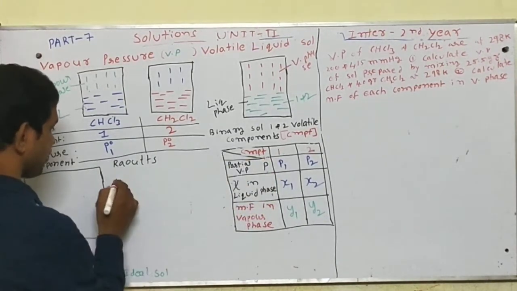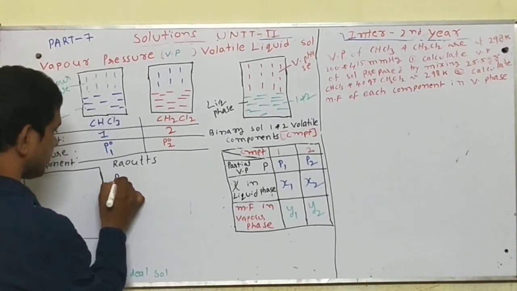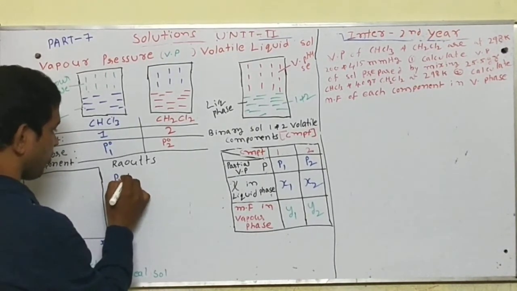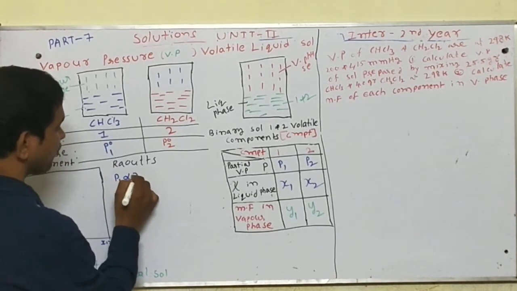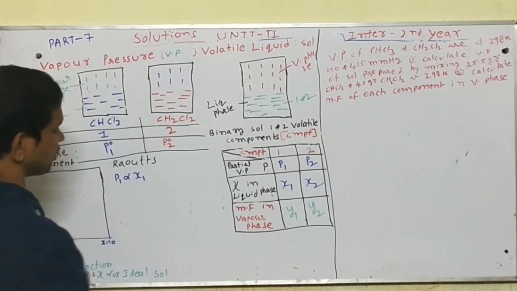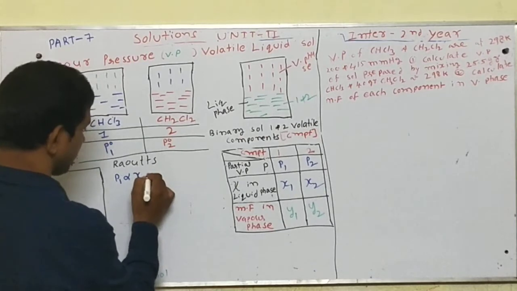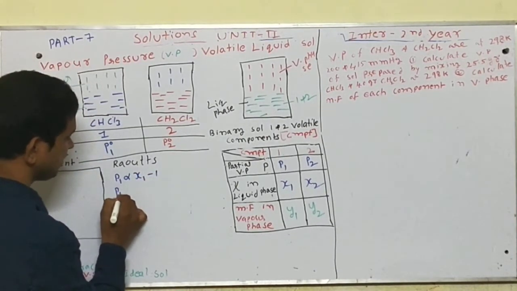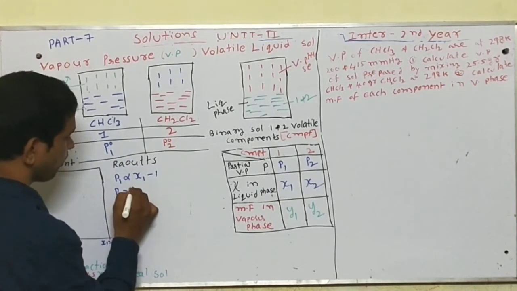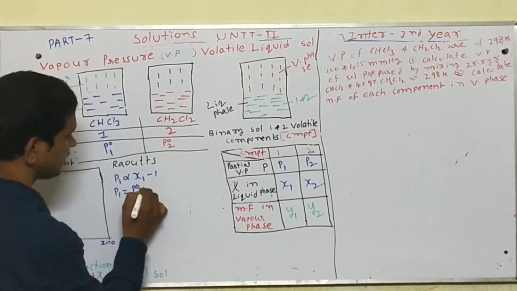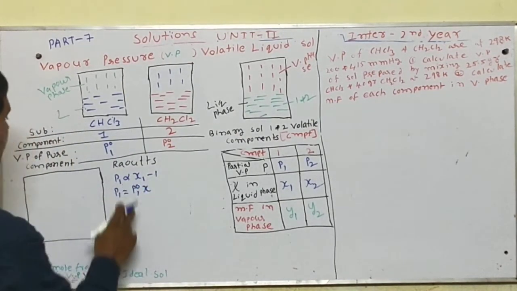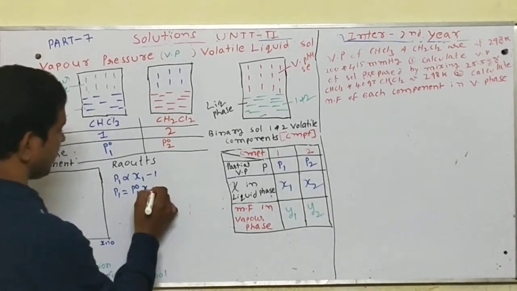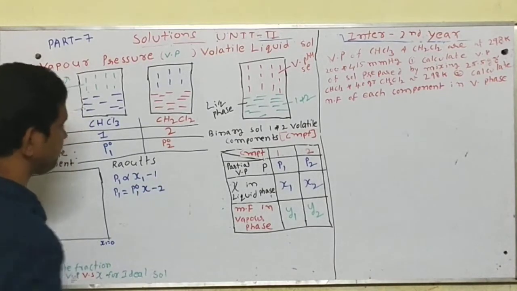Partial vapor pressure of a component, that is first component, is directly proportional to mole fraction of that component in solution. It is numbered equation 1. We can write P1 is equals to P01 x1. P01 is vapor pressure of pure component and it is equation 2.